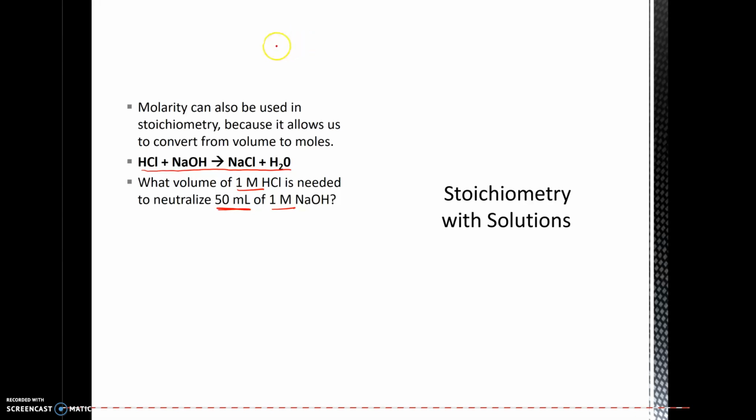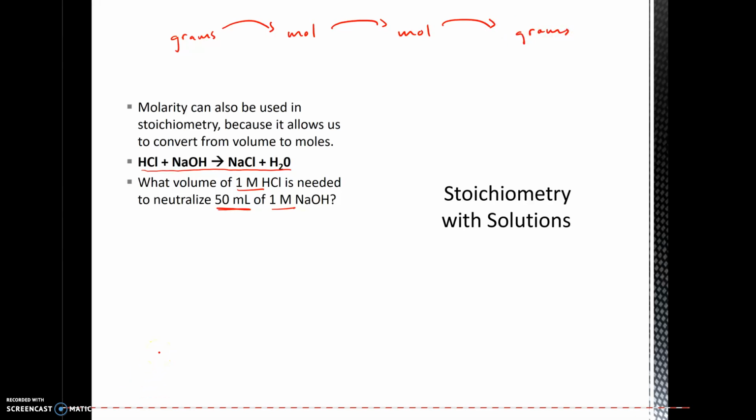If you think back to that table, we would have done grams to moles to moles to grams as we went through those steps.